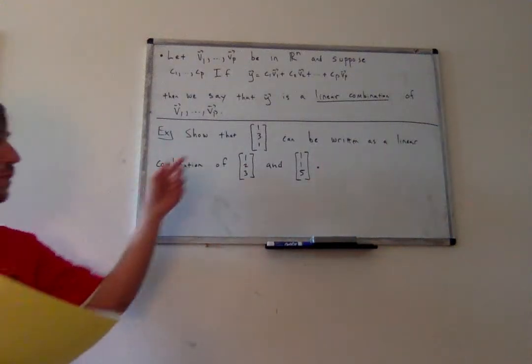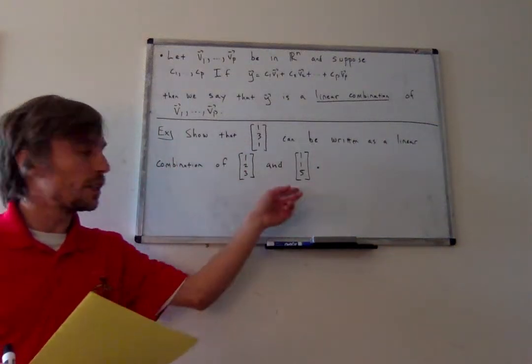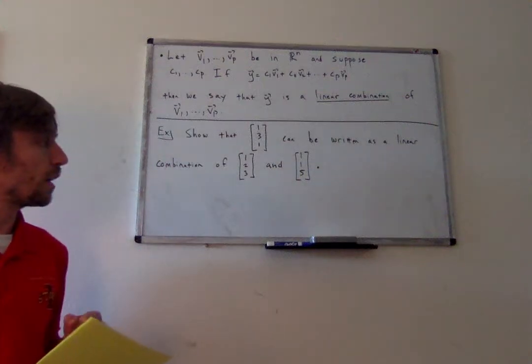So I want to show that the vector 1, 3, 1 can be written as a linear combination of 1, 2, 3, and 1, 1, 5.